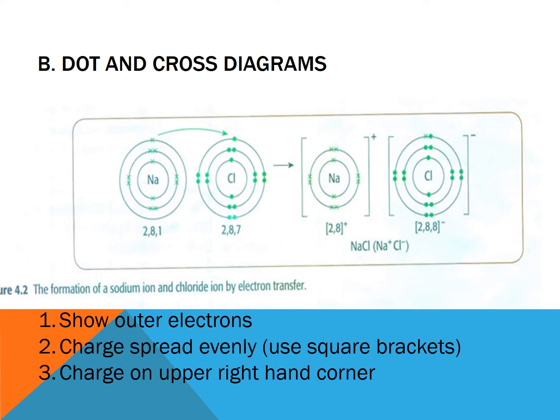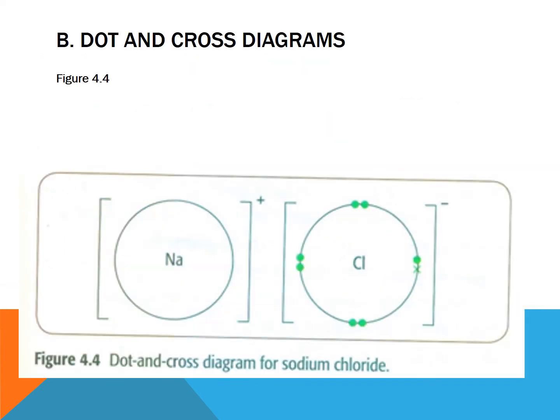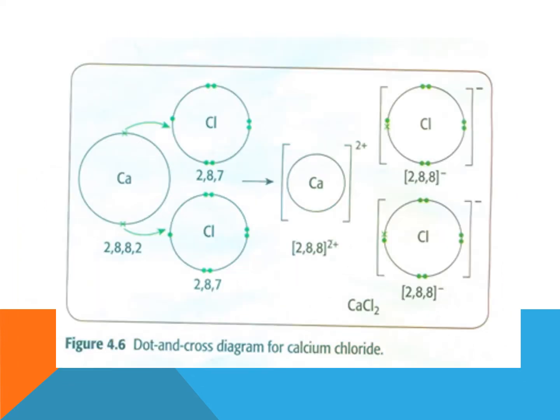Use brackets to separate the atoms, and then the charge goes in the upper right hand corner. As you can see here, you just do the outer shell. So sodium is empty, naked, it's lost an electron, and chlorine has a full 8 with the X, or the cross, being one from sodium.